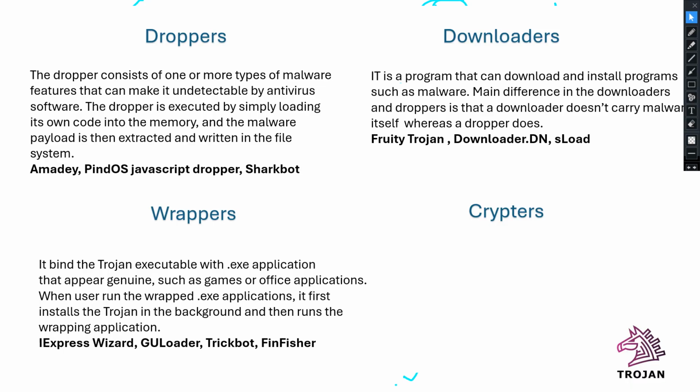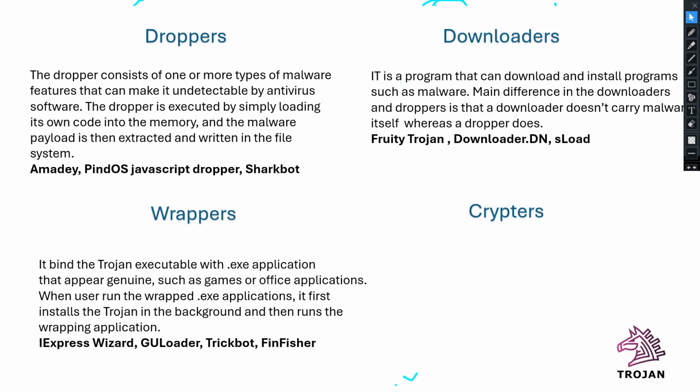Then we have wrappers, right? As I already told you at the time of describing the flow of the creation of a Trojan, a wrapper is a kind of thing that attaches the Trojan to a legitimate file. Let me brief it for you.